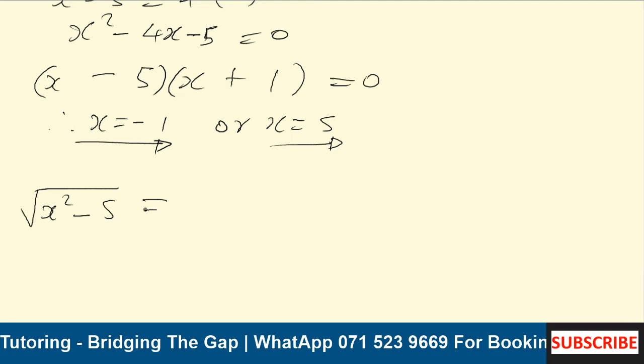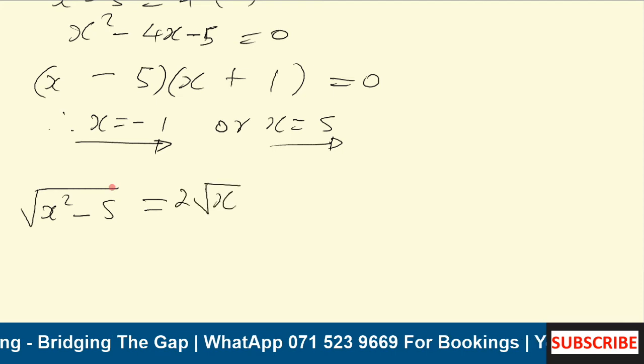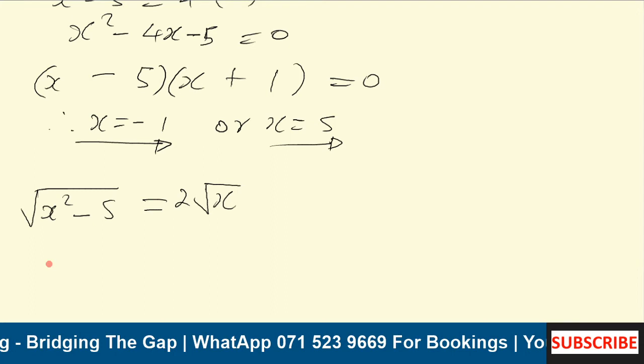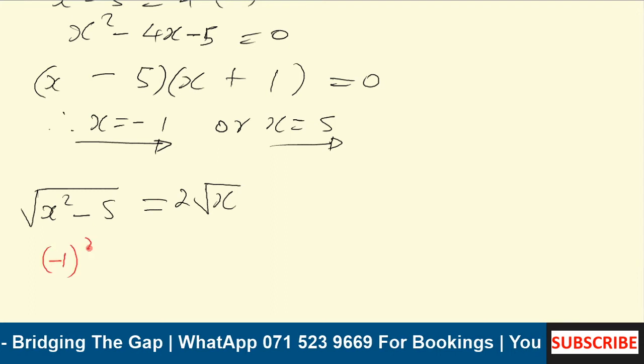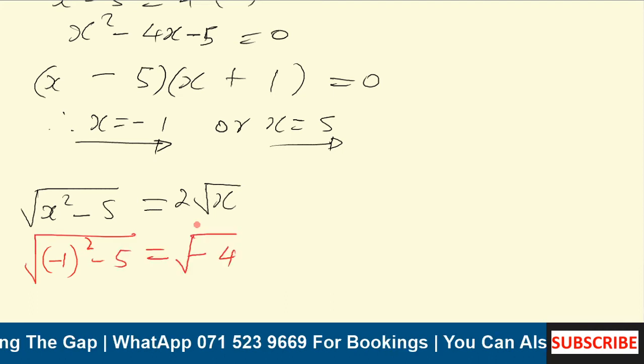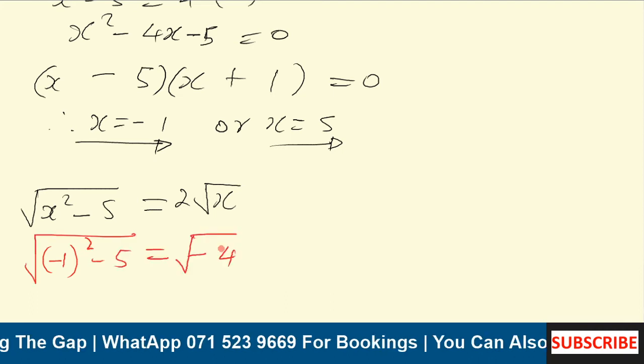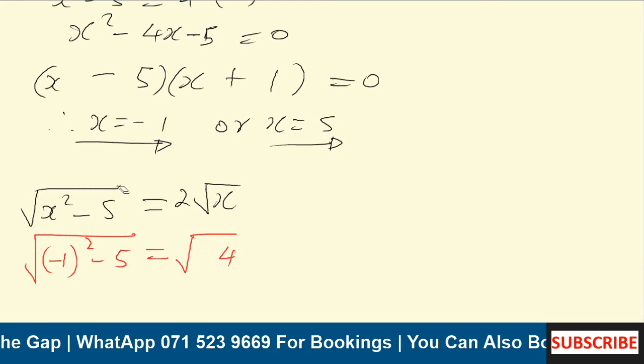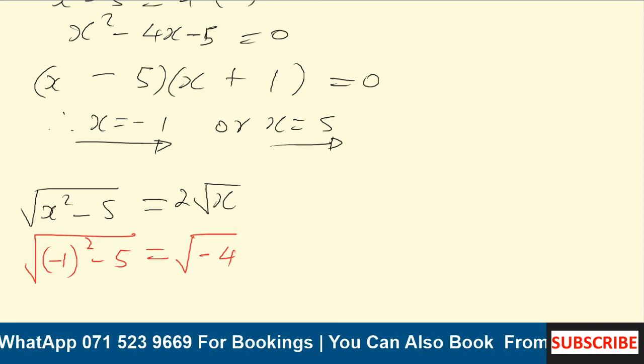But think about this: if you put a negative 1 there, negative 1 squared minus 5, this is going to be negative 4 under a square root sign. According to mathematics, this is non-real. It is a number known as an imaginary number. So this should never happen, and this is unacceptable in this solution. So negative 1 can't be the root for this.